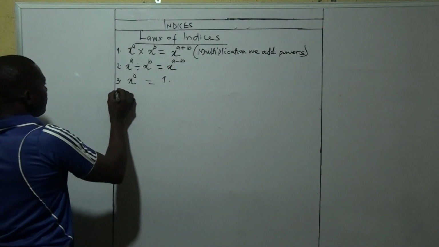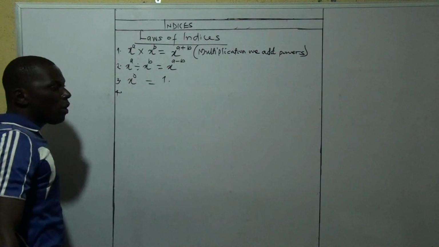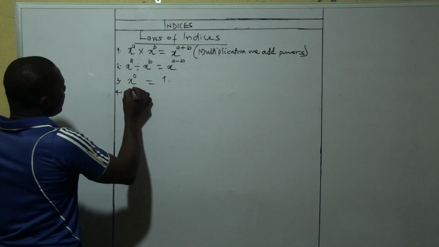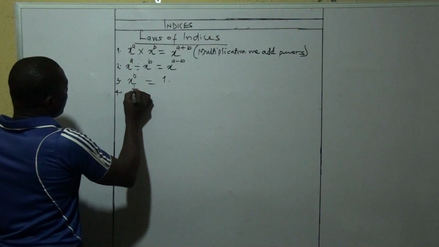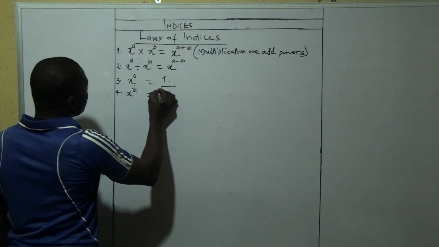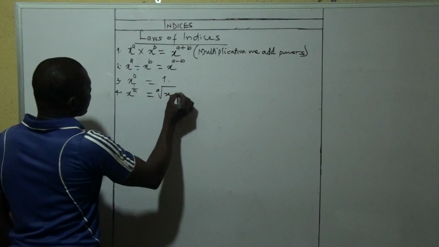Then we also have law 4. If we have x raised to power 1 over a, it simply means the ath root of x.